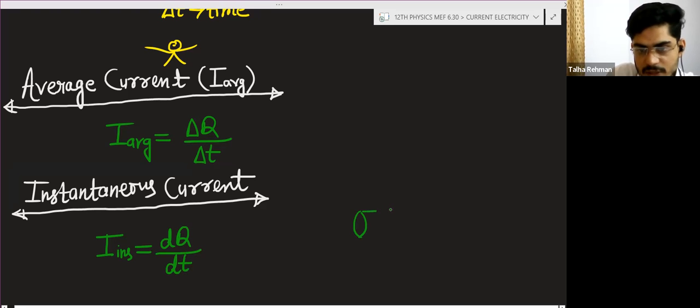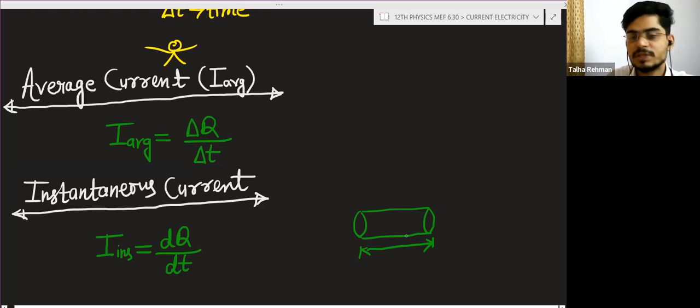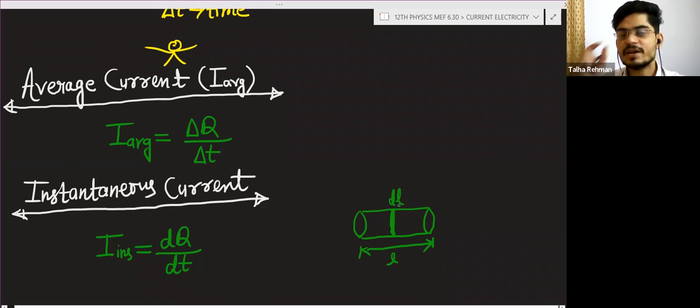Suppose this is the conductor of length L. We have seen in electrostatics that when we take a very small length of this conductor, we always use dl. So d means very small.